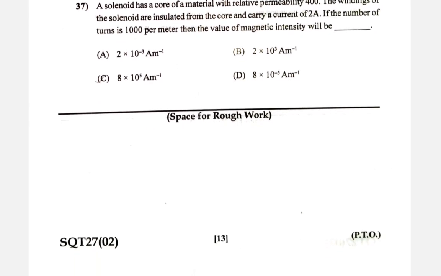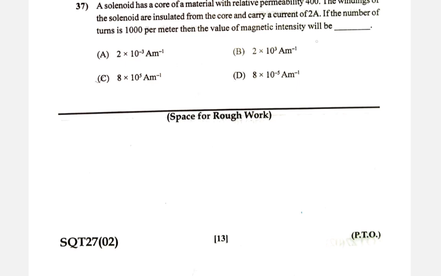Next question. A solenoid has a core of material with relative permeability 400. The windings of the solenoid are insulated from the core and carry a current of 2 ampere. If the number of turns is 1000 per meter, then the value of magnetic intensity will be?